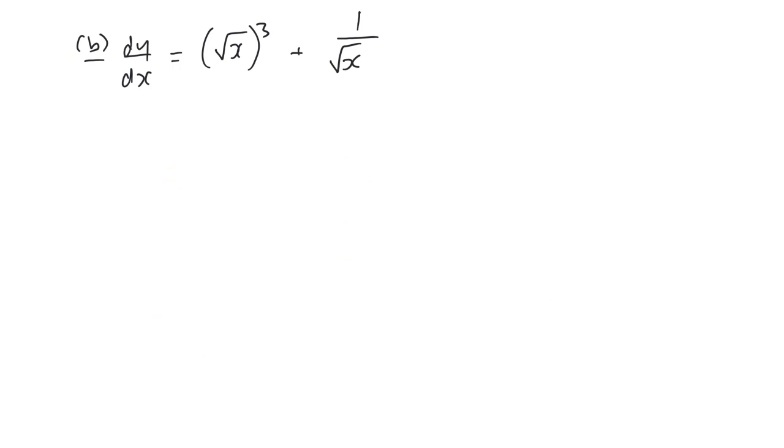Our last one then, dy by dx is root x all cubed plus 1 over root x. To get y, we'll have to integrate dy by dx. So x to the power of a half, which is root x, cubed, using your rules of indices, we multiply the 3 and the half together. So we'll get x to the power of 3 over 2.